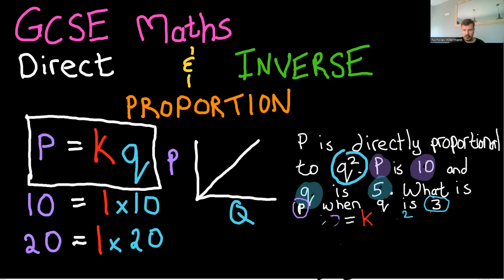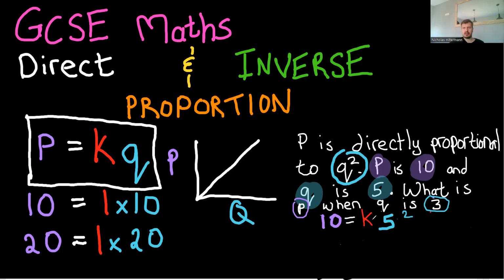Okay, so first step, working out K. When P is 10, Q is 5.